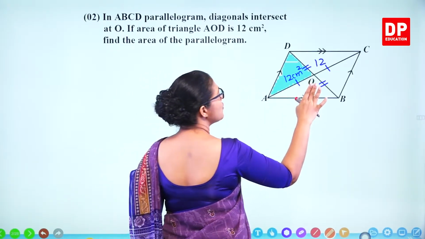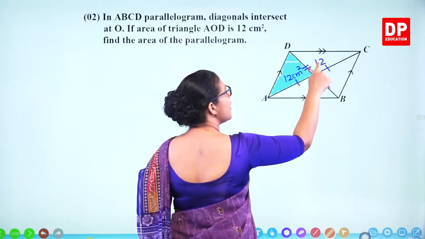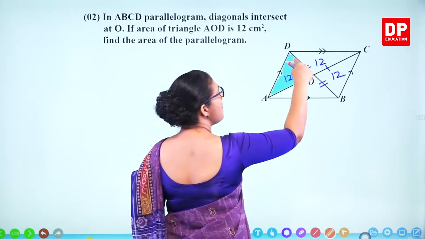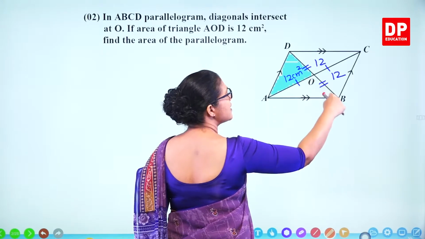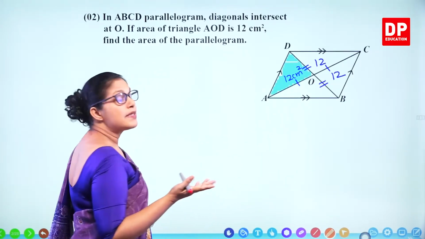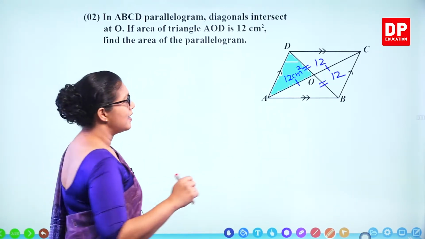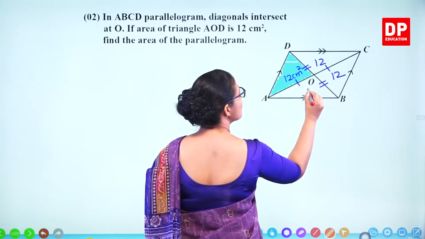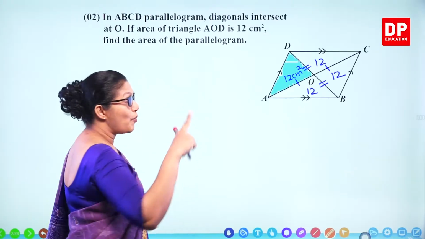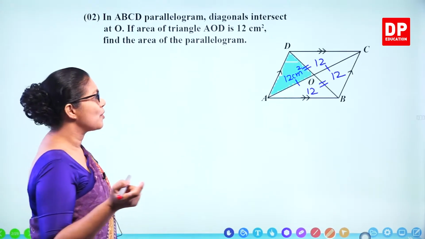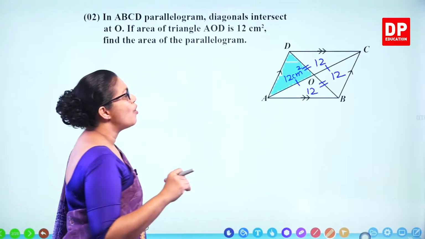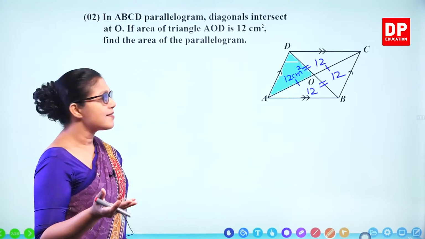Then what can you say about this side? If this is 12, this is also 12 because of the same base with the same perpendicular height. Then what about when you compare these two? If this is 12, this is also 12. So in the parallelogram, we can say there are 4 equal triangles with equal areas.